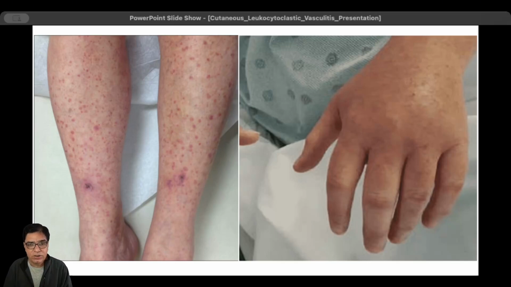The inflammatory markers were slightly raised, but as I told you, there was no renal involvement, no liver involvement, no lung involvement, no abdominal involvement. So it was only the skin and possibly the joints that were involved. So there are two types of leukocytoclastic vasculitis, which is a small vessel vasculitis in children. Remember, two presentations: one is acute hemorrhagic edema of infancy, and the other is hypersensitivity leukocytoclastic vasculitis.